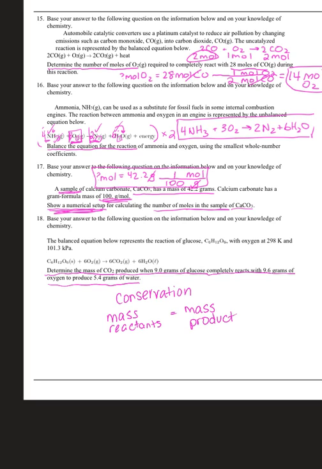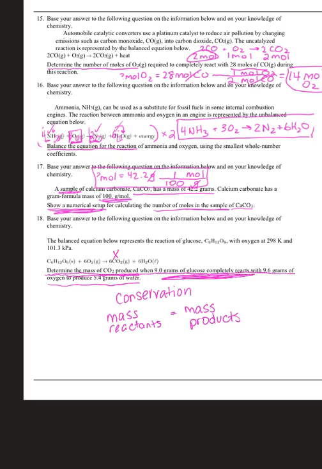Now, we have to read this question to figure out. We might not know what glucose is. We might not know these things. So we're going to look at the language used in the question. CO2 is produced. That's what we're looking for. The CO2 produced. That's the unknown. 9 grams of glucose completely reacts.